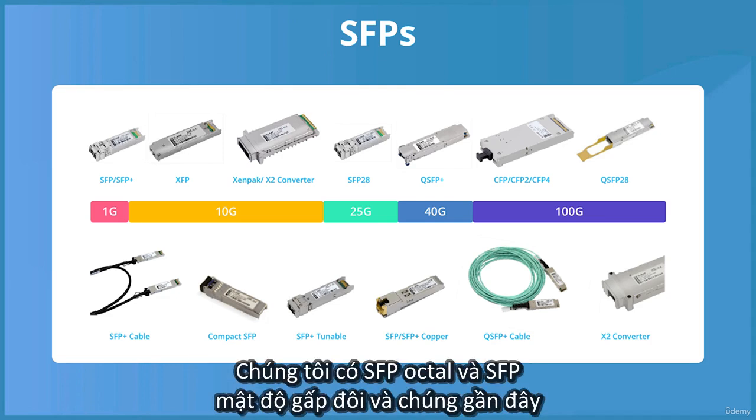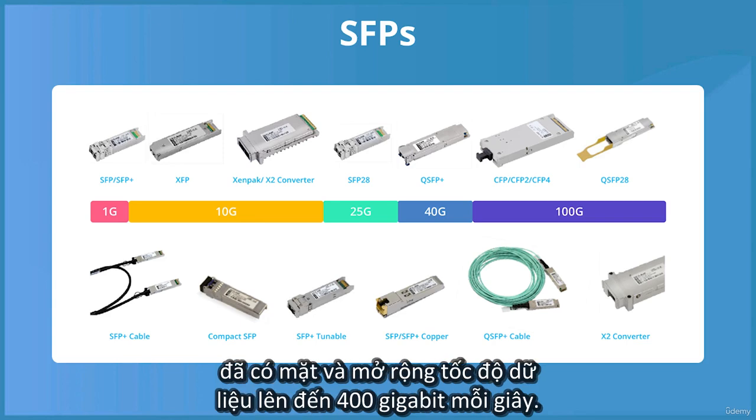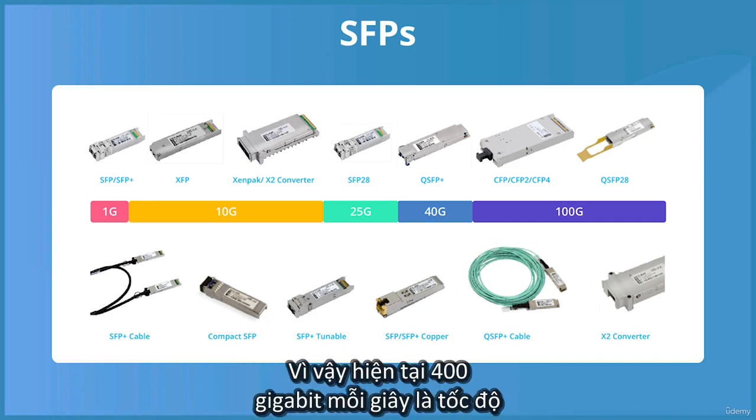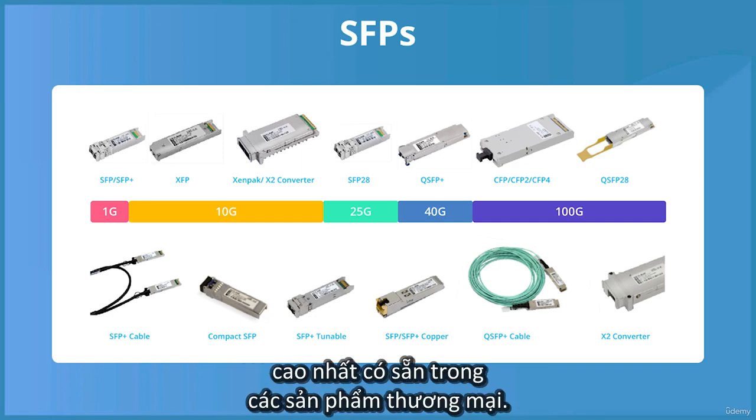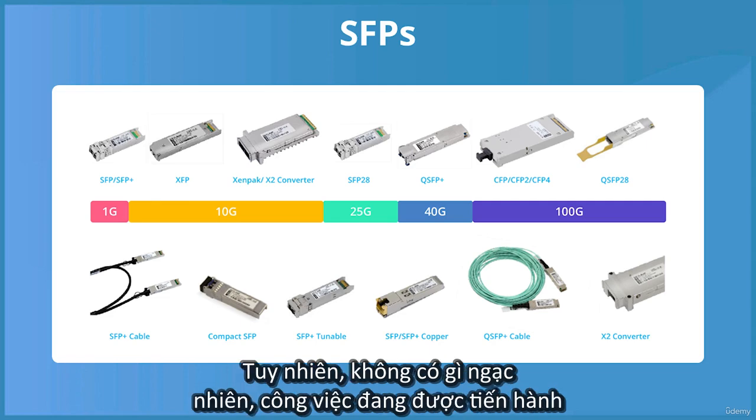We've got octal SFP and QSFP double density, and they have recently become available and extend data rates to 400 gigabits per second. So currently, 400 gigabits per second is the highest rate available in commercially available products. Although, wouldn't you know, work is underway to develop standards and products that support 800 gigabits per second.